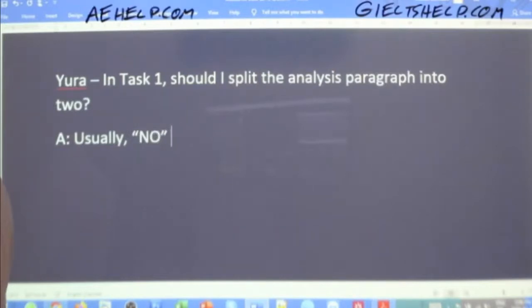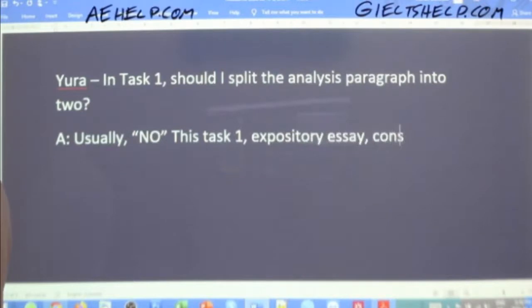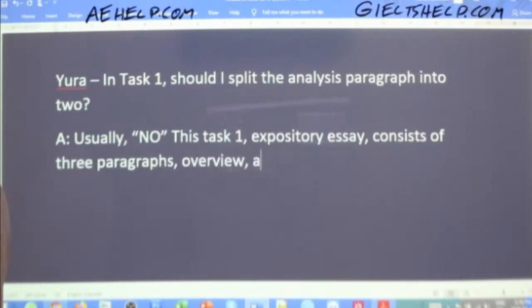This Task 1 expository essay consists of three paragraphs, which is overview, analysis, and summary.